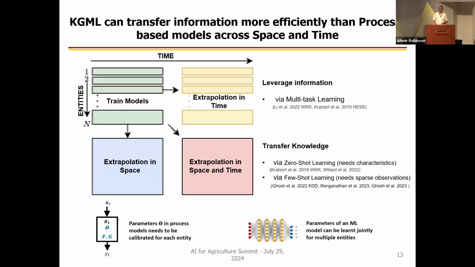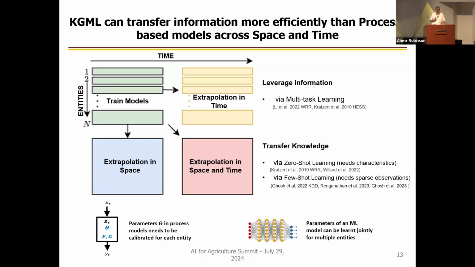Now, there is one more thing I want to come back to, which is the ability of this KGML framework to take information from highly observed regions to sparsely observed regions. You can see here that in the green region, you may have places where you have collected a lot of sensor data, and you can potentially use it to calibrate your model or build a machine learning model.